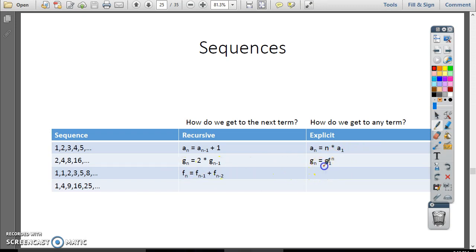We can say, okay, what is g sub 1? G sub 1 is the first term in our g sequence. And our first term in our g sequence is 2. So if we wanted to get the nth term of our g sequence, we take 2 and raise it to the nth power.